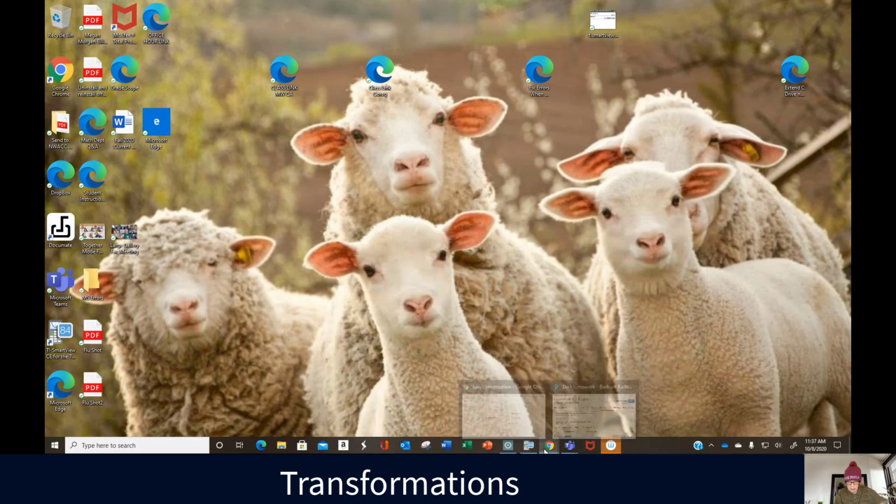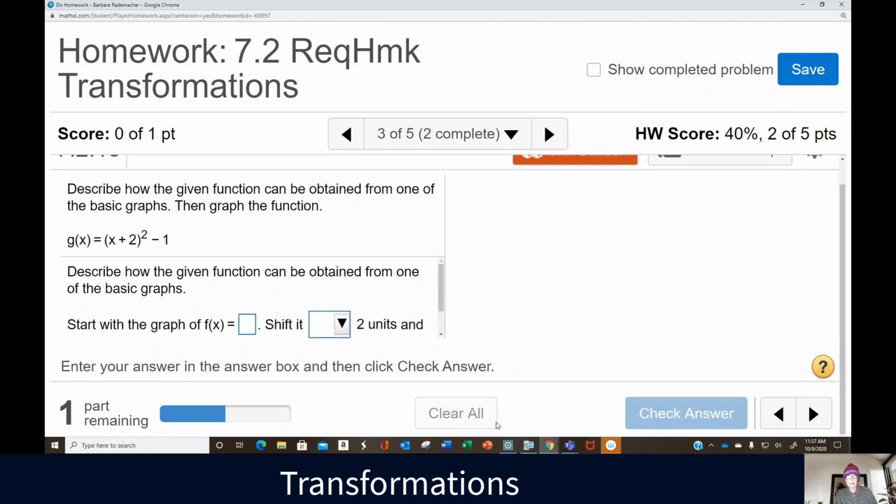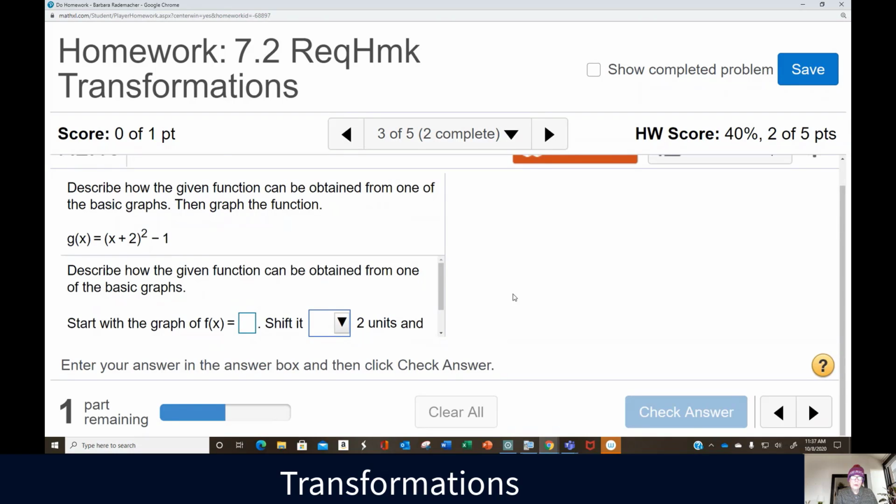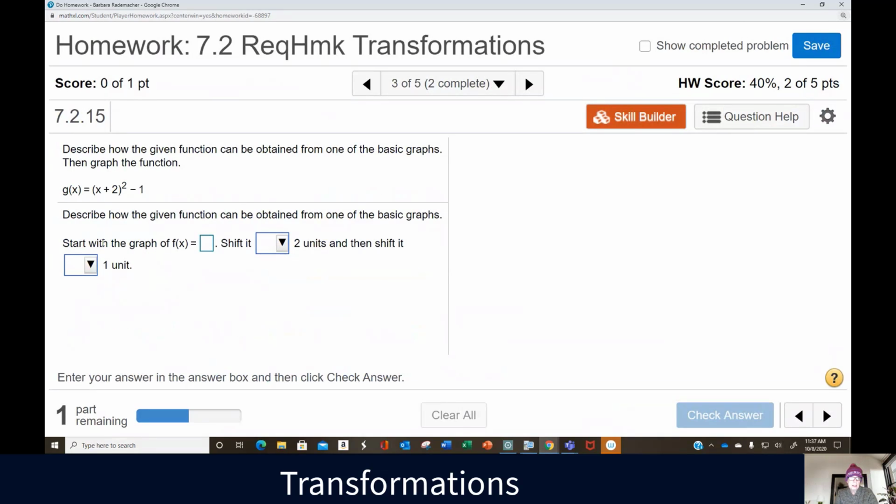Where was I? Here. Okay. Now the next one, describe how the given graph can be obtained from one of the basic graphs. Okay. Now I'm going to have to make this a little smaller. All right.